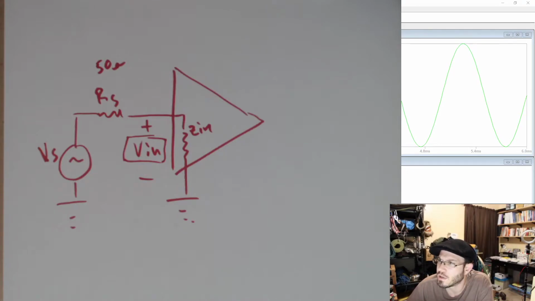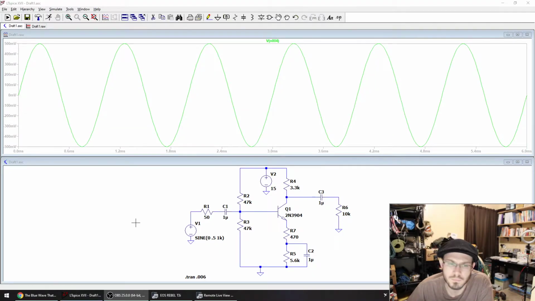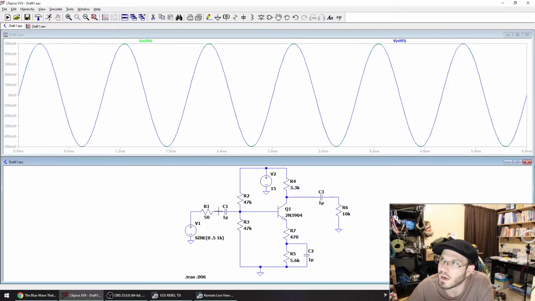So if I go back over to LTSpice over here, and if I measure between here, I should get a very slightly smaller voltage than my source, because the measurement at this point takes into account the output impedance of the source, R1, that 50 ohms, as well as the input impedance of the amplifier.